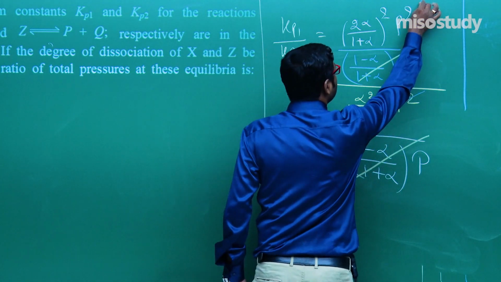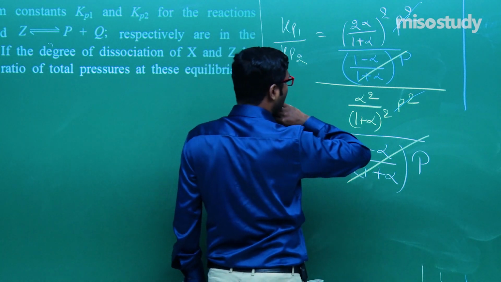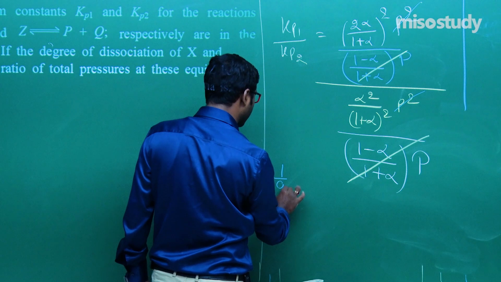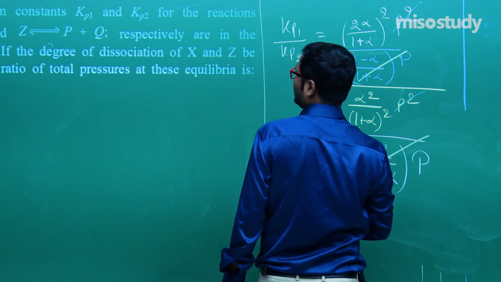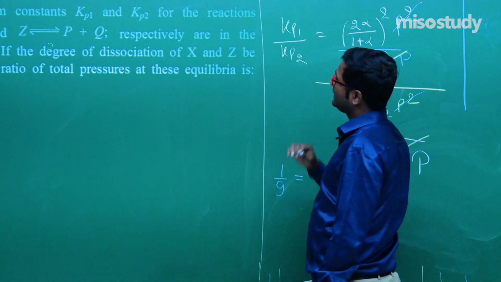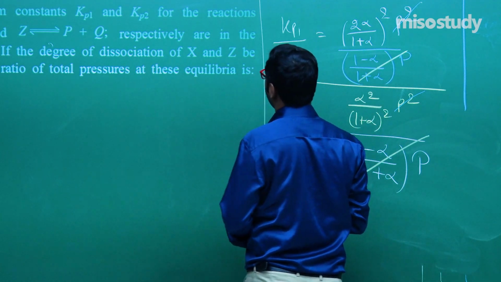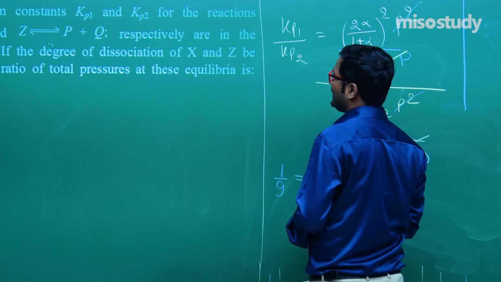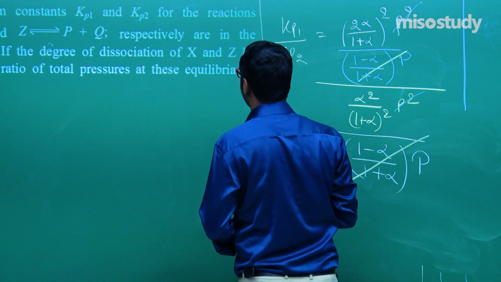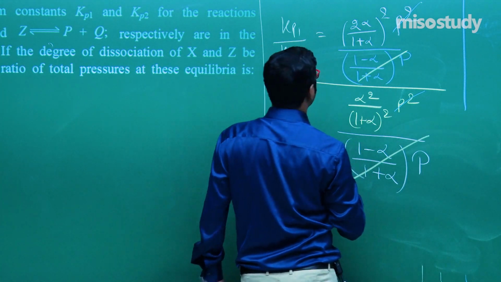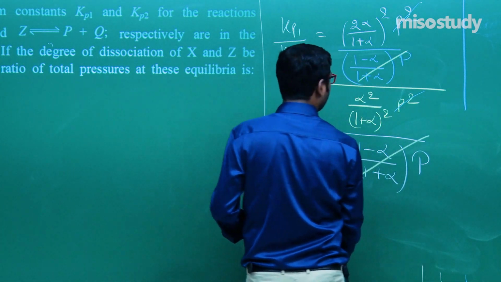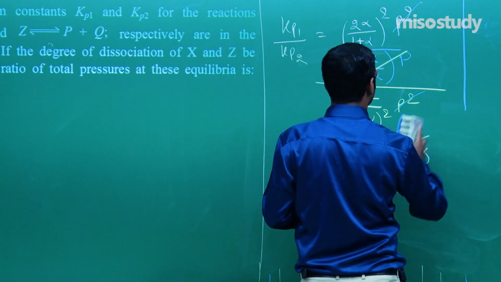Now tell me, that is Kp1, put the value 1 to 9, then the ratio of equilibrium constants, and the degree of dissociation of x and z be equal, then the ratio of total pressure of these. Wait for a moment.